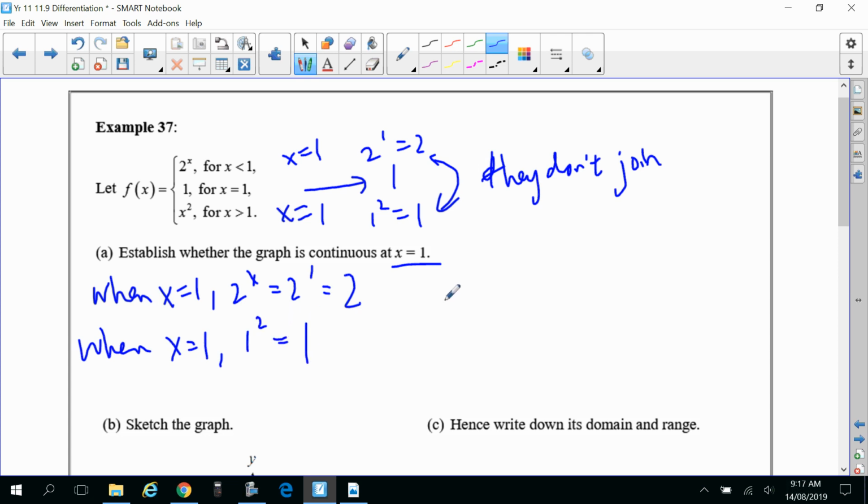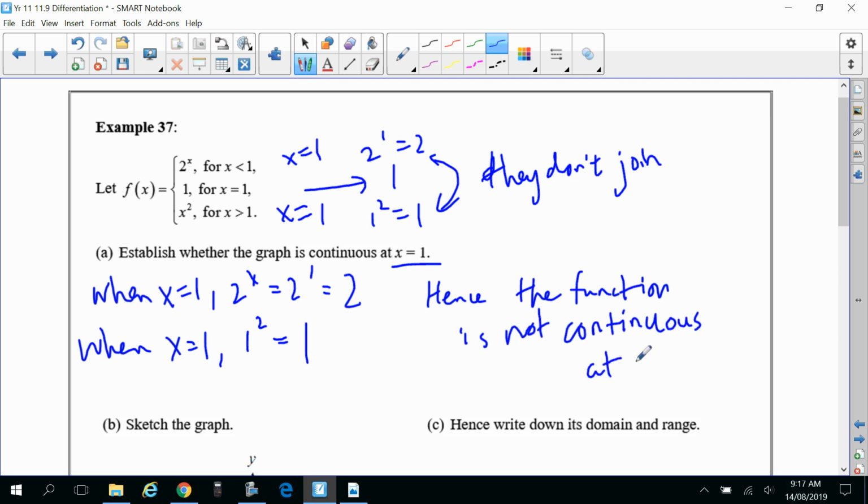So you say, because they don't match, hence the function is not continuous at x equal to 1. You need to show similar working in the exam and in your homework. You should have a habit of showing working. When you do, it becomes so easy that you don't even know you're doing it. It's part of what you do.